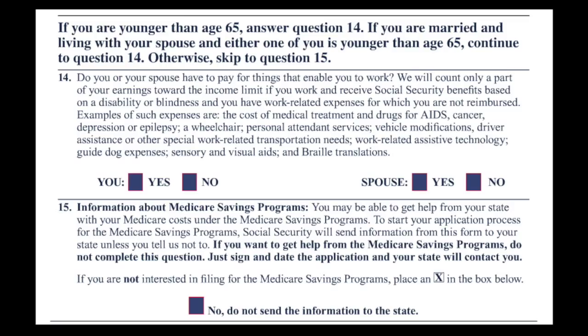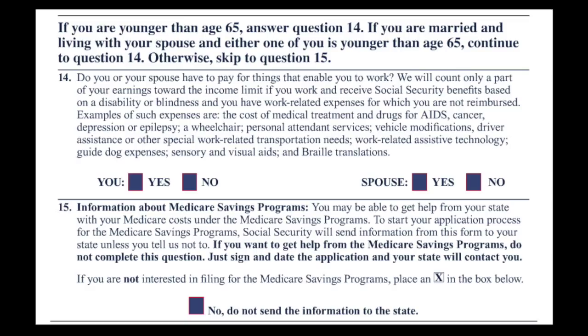Question 14 is really only for the individuals who worked in the last 2 years and are under 65 or have a spouse that fits those requirements. This question tries to get at whether people have expenses that help them to work. You can see the examples of expenses that Social Security is asking whether you had to pay that enable you or your spouse to work.